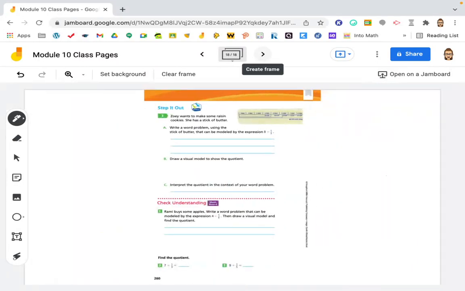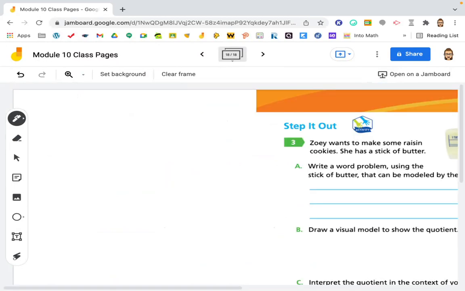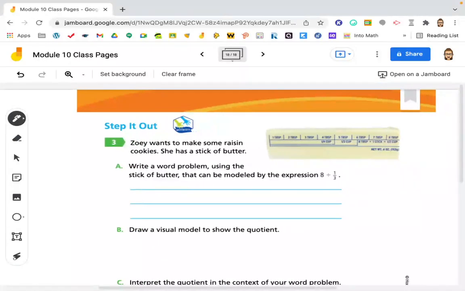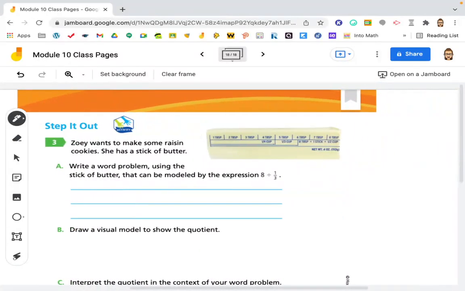Okay. So then we have our last problem here. It says Zoe wants to make some raisin cookies. She has a stick of butter. Write a word problem using the stick of butter that can be modeled by the expression 8 divided by 1/3. So if we look here, 1 stick of butter is 8 tablespoons.